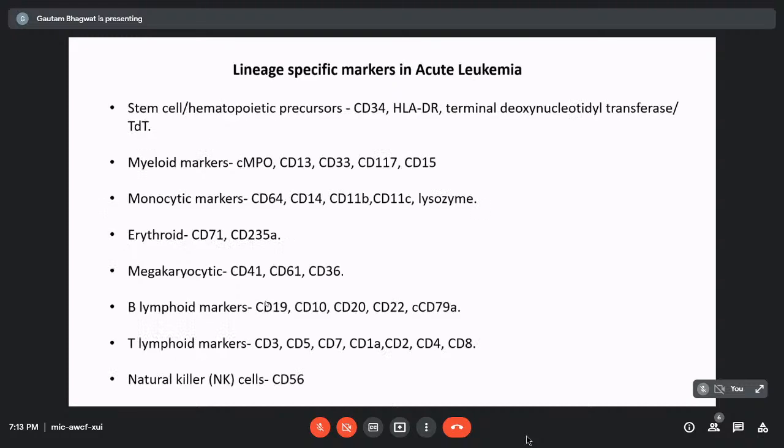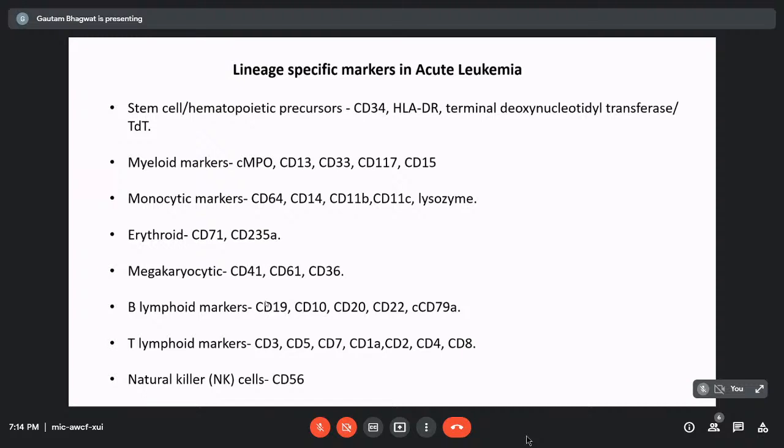Now, there are so many markers to be learned, and we all tend to mug up these markers, but it is my sincere advice that it would be much better if the students and residents go through the normal plots, that is the normal bone marrows which you would be getting, plus the abnormal or diseased bone marrow.